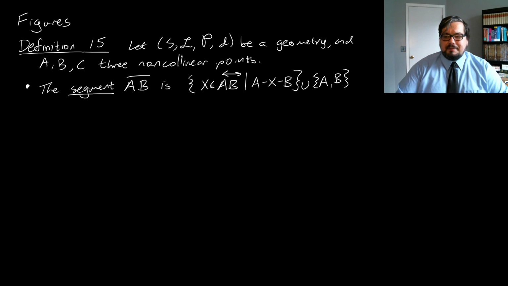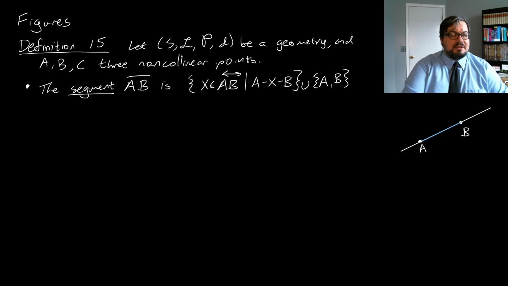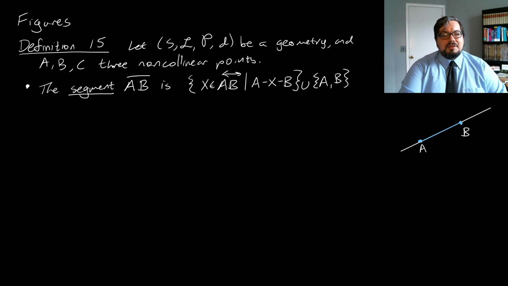We can draw a figure over here to keep track of what we're doing. What we have from previous geometry knowledge is that the segment between A and B should look basically like this blue part here. And so it includes two types of points. It includes the endpoints, A and B, and it also includes all the points that lie between A and B. So that's the segment AB.